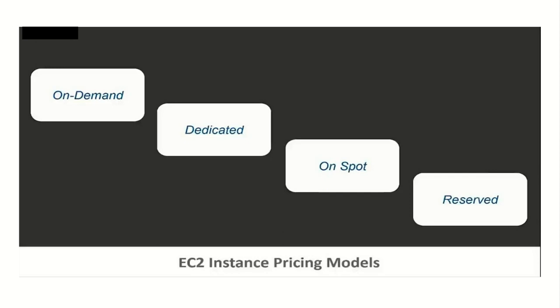If it is 1000 or 500 more than the normal charge, it is fine. But once the month is over, I would like to leave. That kind of service is called an on-demand instance.